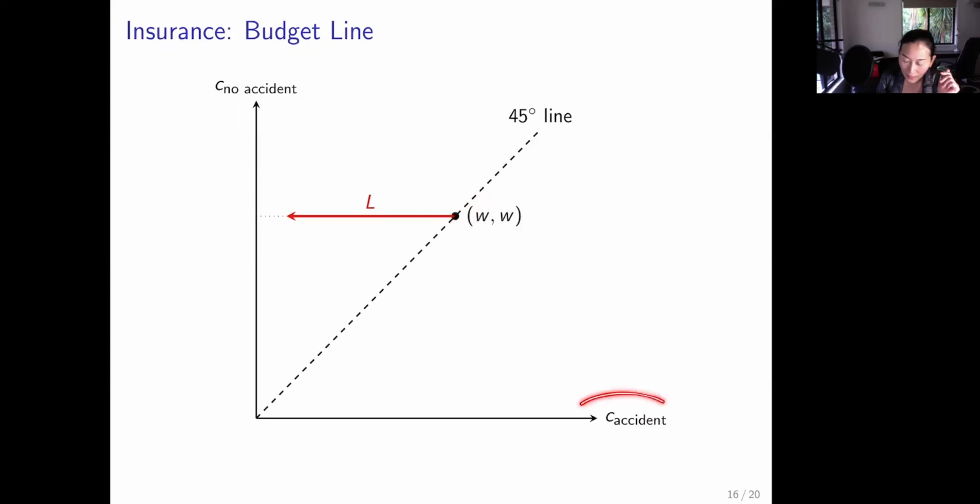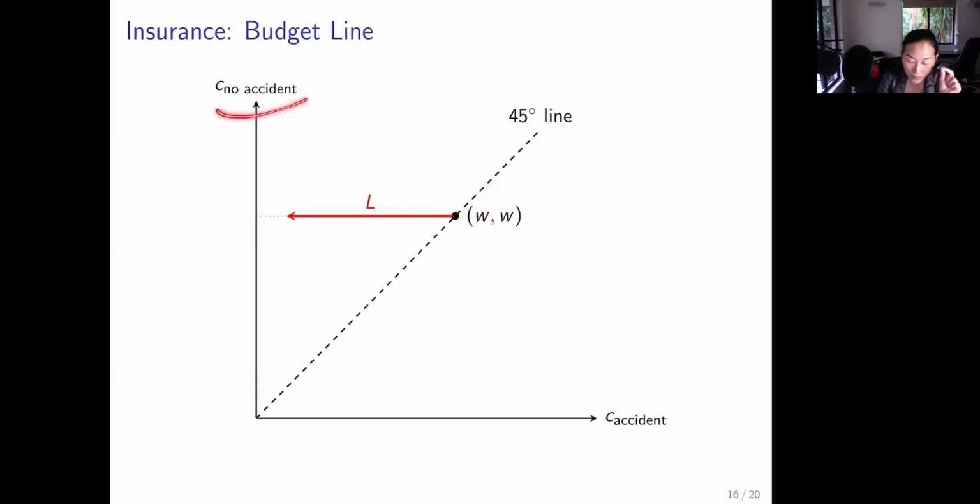Then with an accident, you lost by this much. Remember, we're gonna move in this direction because that is the direction of the amount of wealth in the case of accident, right? So if you have an accident, your wealth will be reduced. The wealth of the accident will be reduced by the bill, by L.